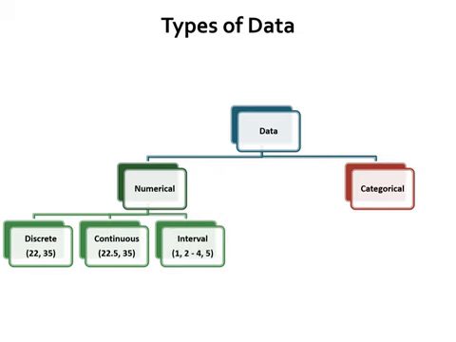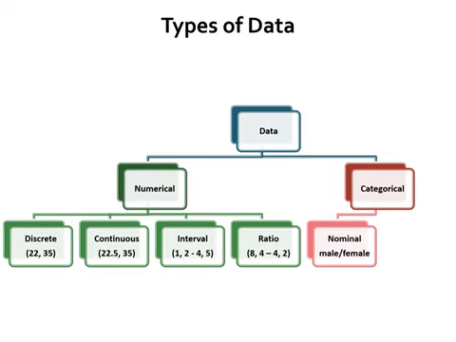Interval numerical data means that the data are separated by equally spaced intervals, like the difference between 1 and 2 or the difference between 4 and 5. Ratio data means that there is an equal ratio between the data, like the ratio between 8 and 4 and the ratio between 4 and 2.